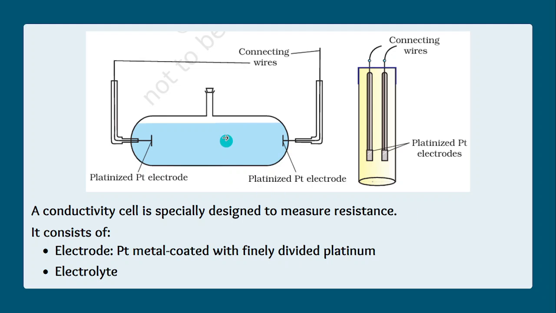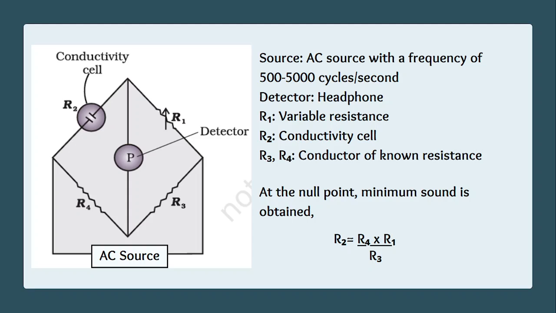And the electrolyte is obviously going to be the salt in the solvent that we want to measure it with. Basically we will be using the Wheatstone bridge. First of all, you have the source, which is an AC source with a frequency of 500 to 5000 cycles per second.